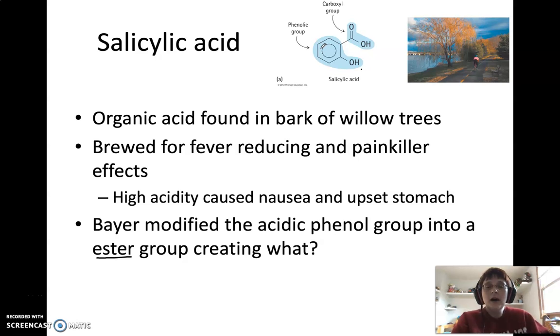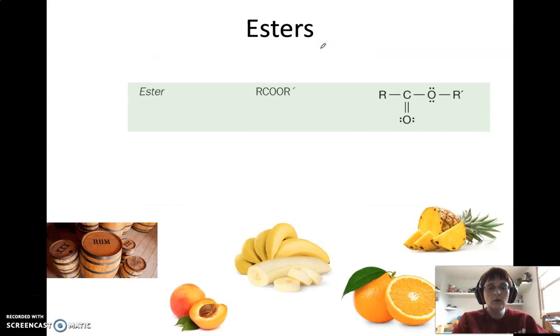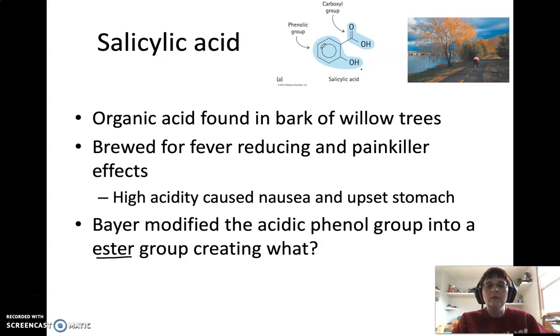And by modifying it, they created acetylsalicylic acid, or aspirin. So, like I said, many of you have probably taken a version of salicylic acid, because Bayer originally modified the salicylic acid and turned it into aspirin. So if you've ever taken aspirin, you've taken a modified version of this organic acid.